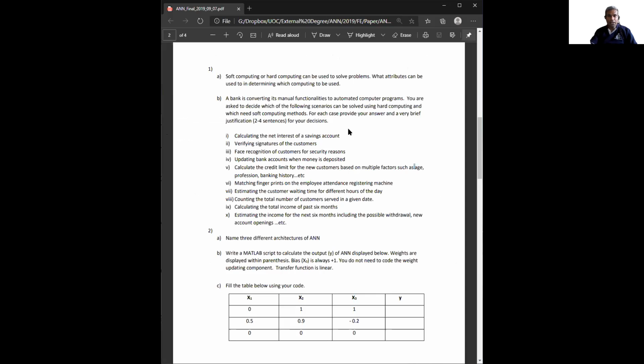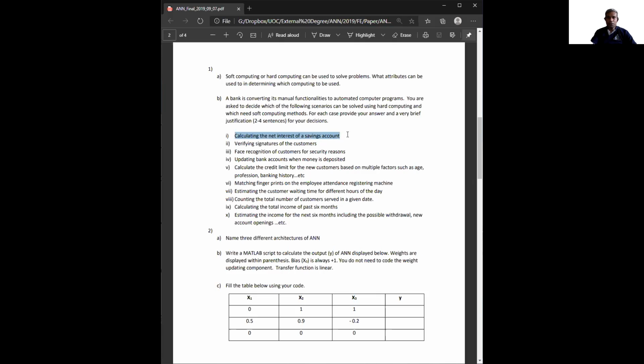It can't be some random saying, okay, this would be soft computing, this would be hard computing. You have to justify why you chose that particular computing type. For example, a bank is converting its manual facilities to automated, and you are asked to specify which of them would be hard computing and which would be soft computing.